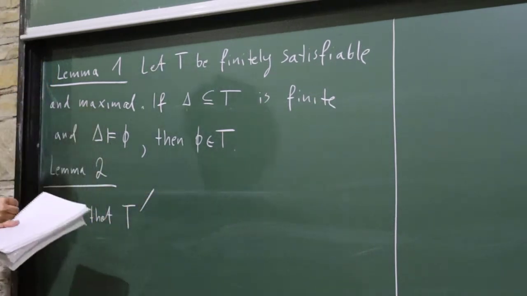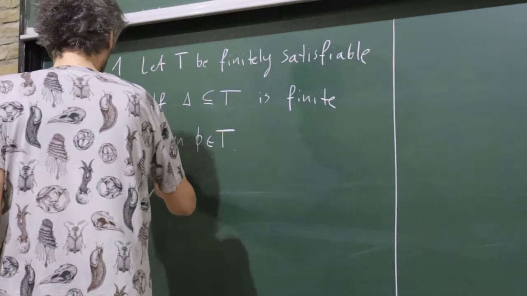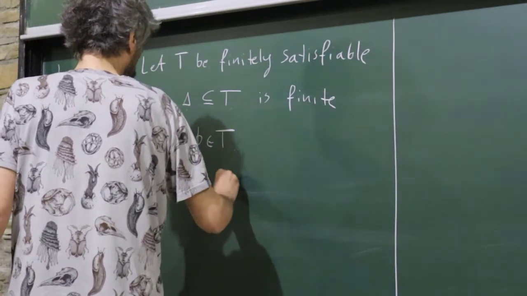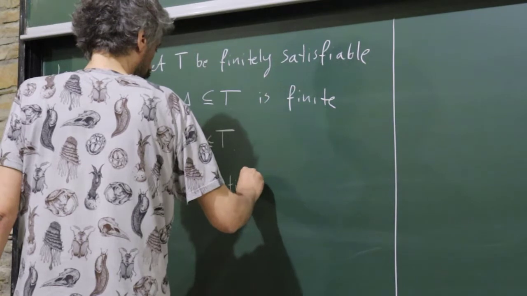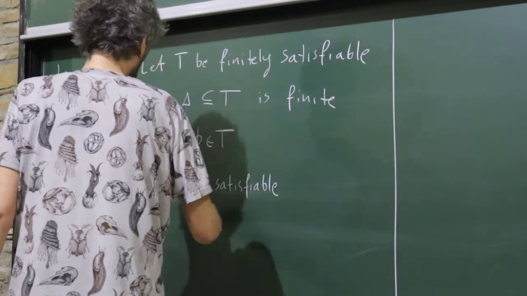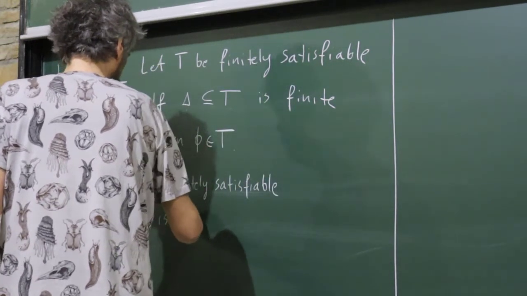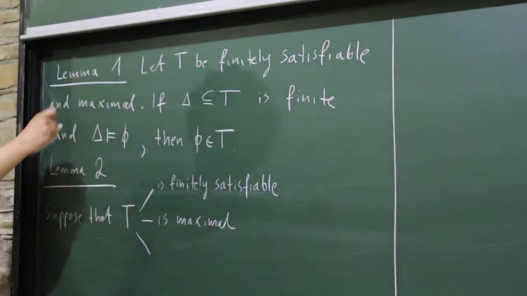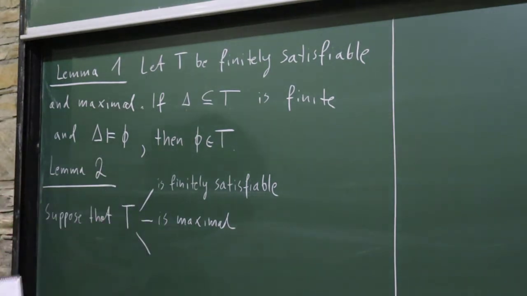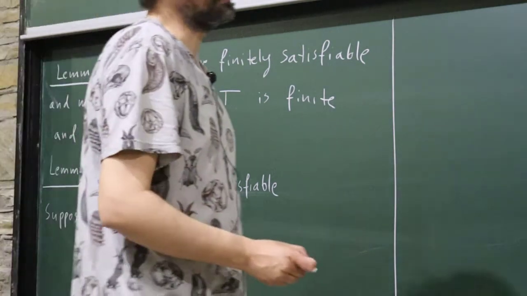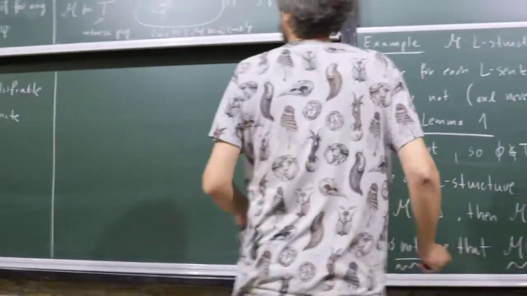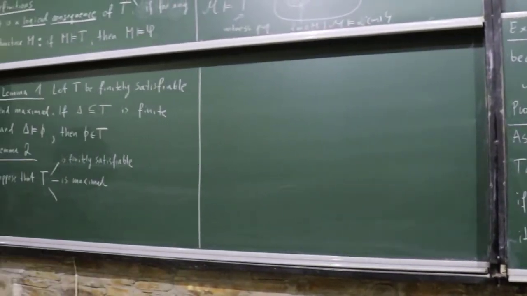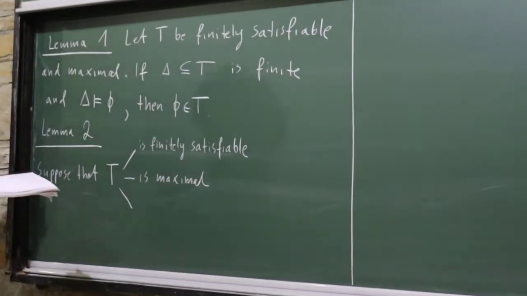T is finitely satisfiable, is maximal, and has the witness property. Maximal is also a strange assumption; usually we don't have such theories, they don't much exist in nature.